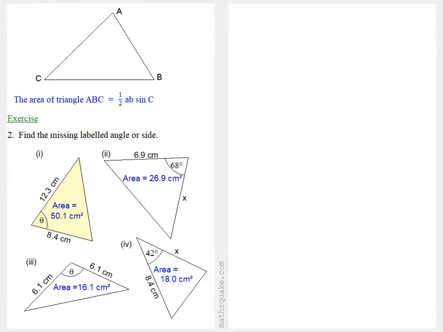If we look at part 1 of question 2, this time we're given two sides and the area and we're asked to find the angle theta. So we're going to use the same formula. The area of the triangle is a half AB sine C. So a half times 8.4 times 12.3 times the sine of theta equals the area, which is 50.1.